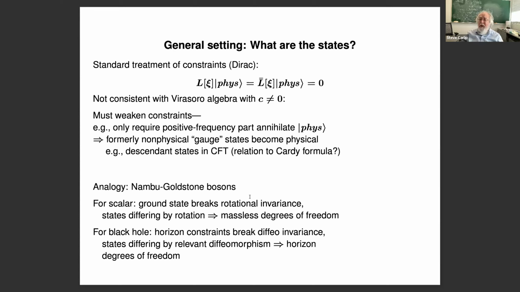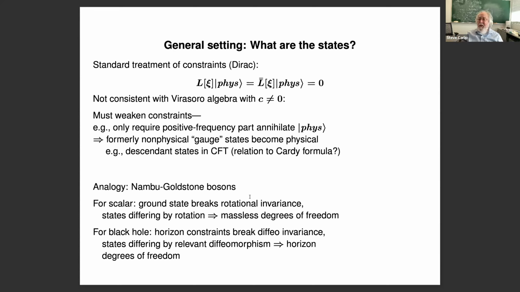The central charge is an anomaly. It breaks this. What that means is that you have to weaken these constraints, typically, for example, by only requiring that the positive frequency parts of the constraints annihilate the states, or that the matrix elements of the constraints are zero.